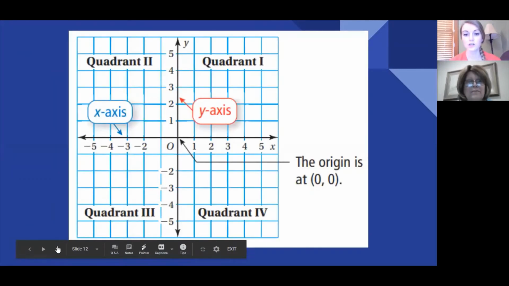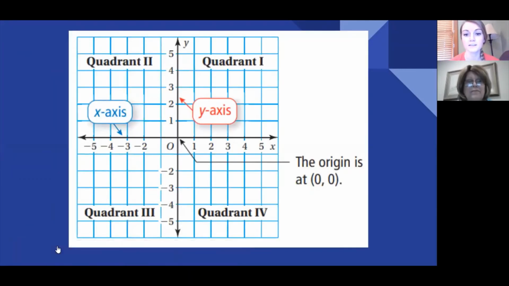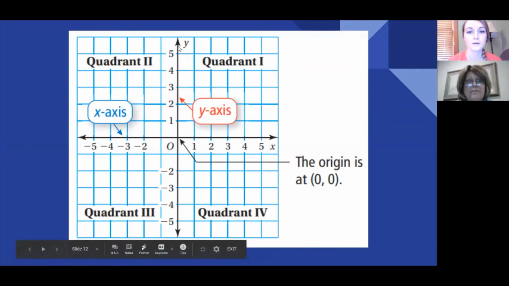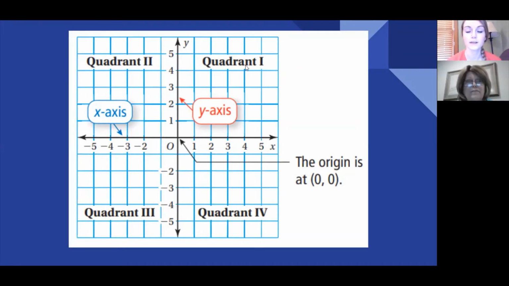When we have a coordinate plane that looks like this, it has those 4 bigger squares outlined by the black lines, and we call those quadrants. This is quadrant 1. Up here, the positive and the positive is going to be quadrant 1. And then it's kind of silly, we actually work backwards.